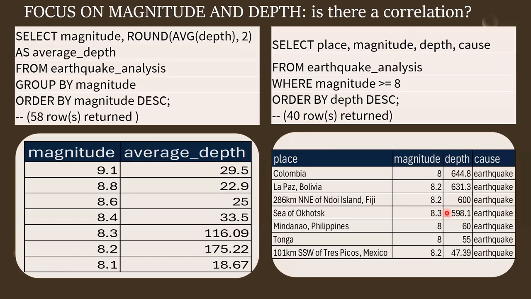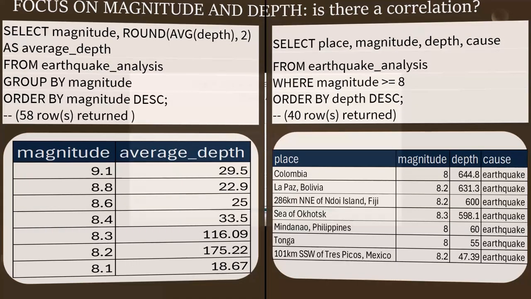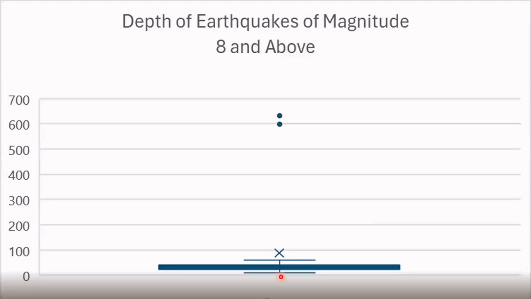When we look at it pictorially, we notice the depth for these earthquakes of magnitude 8 and above. Anything above this point, a little over 50, is the exception, not the rule. That means the deep earthquakes that happened up to 600 meters below the earth level are the exception, not the norm.